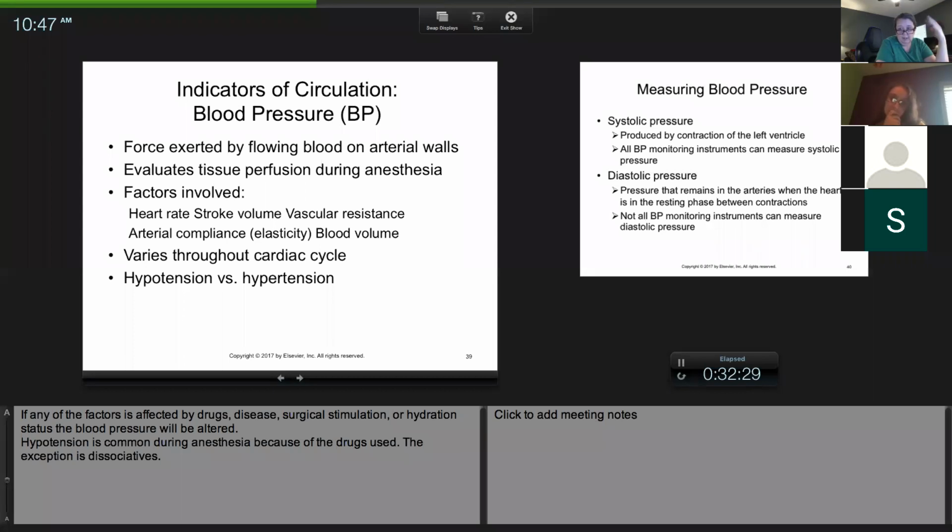I'm not asking you for the individual agents because those are very special circumstances. You don't just give these drugs willy-nilly. I've never really seen them used in general practice. I've used them at Purdue in special cases. In emergency medicine, we've used them in some special cases, but there are drugs that will increase blood pressure.